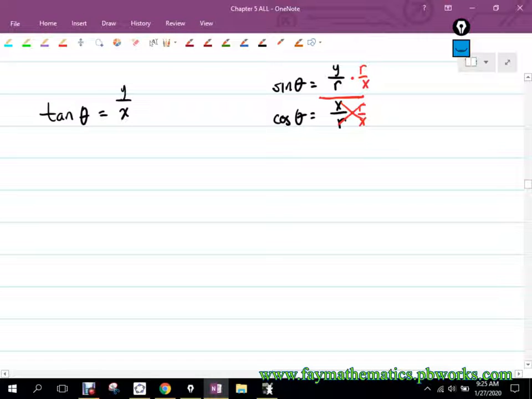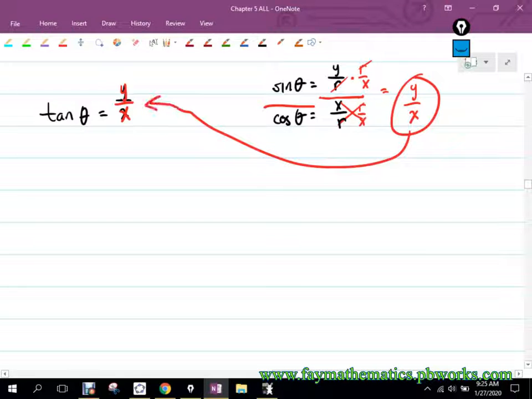What happens to the r's? Cancel. And this leaves me y over x, right? Well, that's exactly this y over x right here, isn't it? So when I divided sine by cosine, it gave me y over x, which was the same as that y over x, which must mean that it's the same as that, right? So another way of talking about tangent is to call it sine divided by cosine.